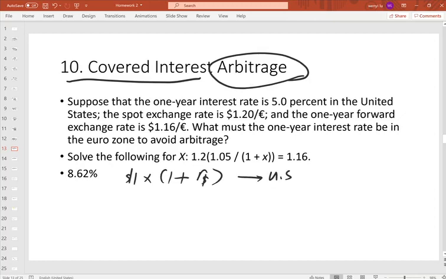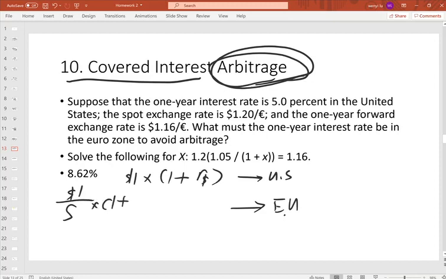In a foreign country, for example in the EU, if there's no arbitrage, it should be the same balance. In the EU, if you have $1 at the beginning, you need to exchange these dollars to euro, so we divide by the spot rate at the beginning. Then we times 1 plus the euro interest rate.